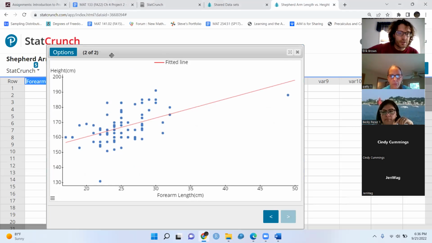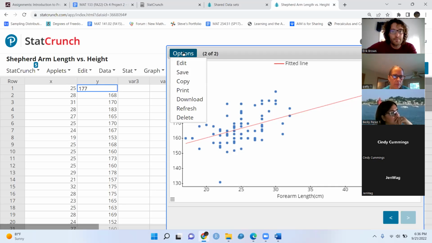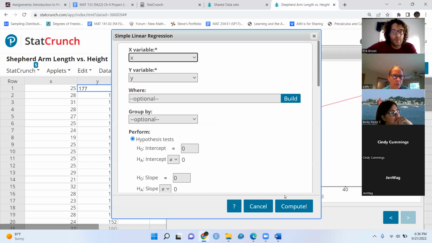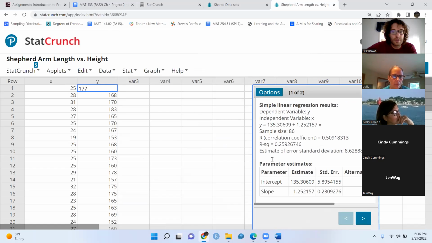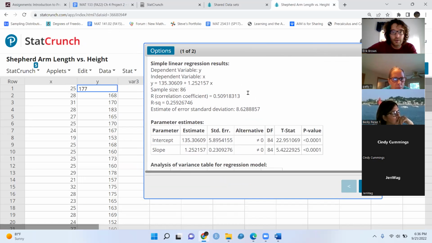The other thing you could do, which might be nice, might not, is relabel your table to be X and Y. And then when you compute it, look at what it does for the equation as the output. Now it's written the same way it did in the graph output.